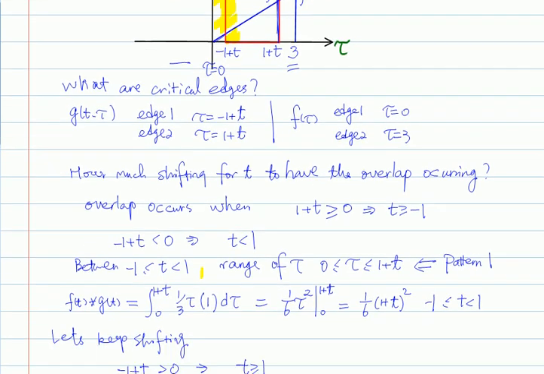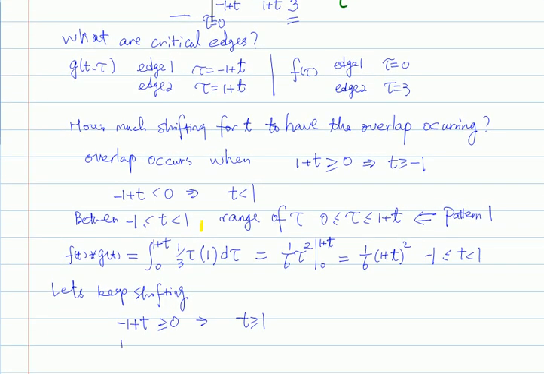So that means I have 1 plus t less than 3, which gives me t less than 2. So you combine these two, and I have a new range of shifted value for t, which is between 1 and 2.